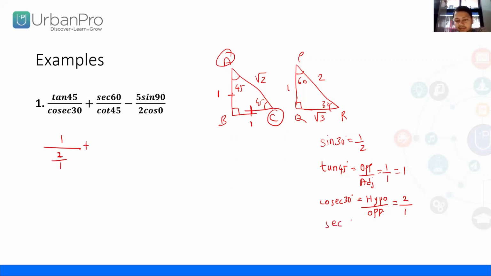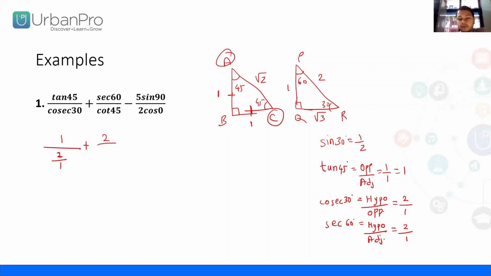Next, sec 60. Sec is the inverse of cos. Cos is adjacent upon hypotenuse, so sec is hypotenuse upon adjacent. Here hypotenuse is 2 and adjacent of 60 is 1. So we can write here 2.